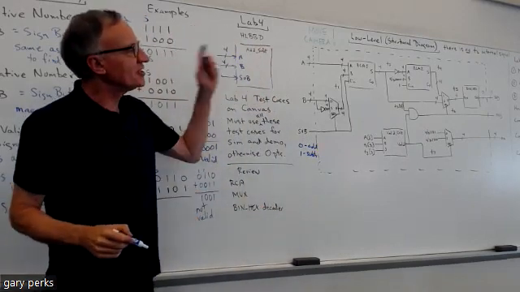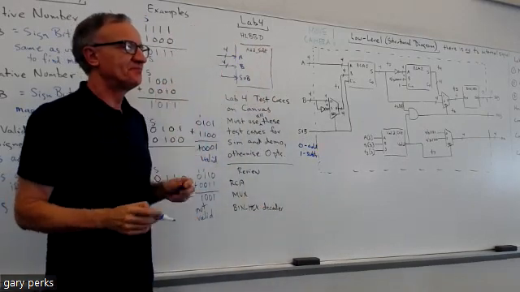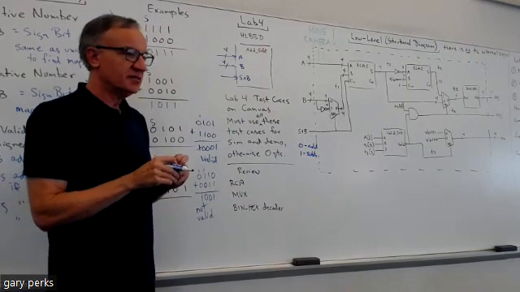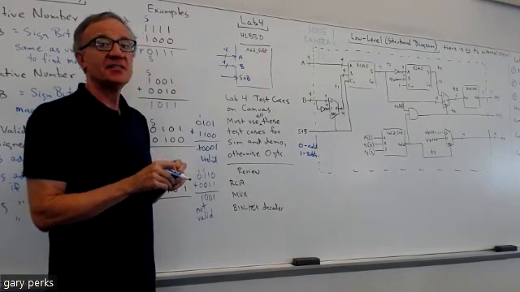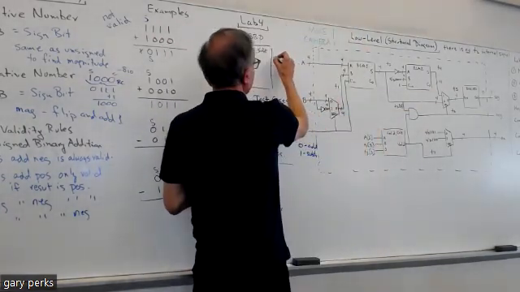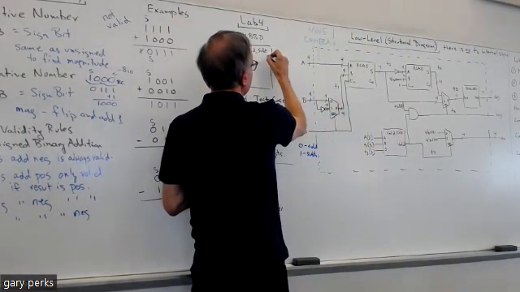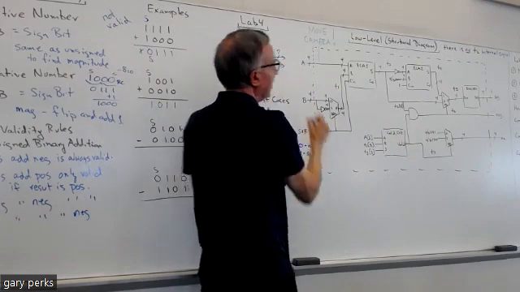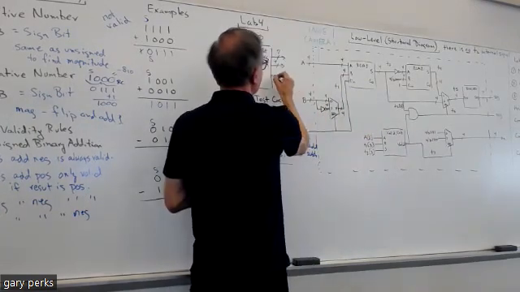Okay, how about on the output side? How many outputs? Three. We got seg and AN just like the previous lab, but now we have a third output, neg.